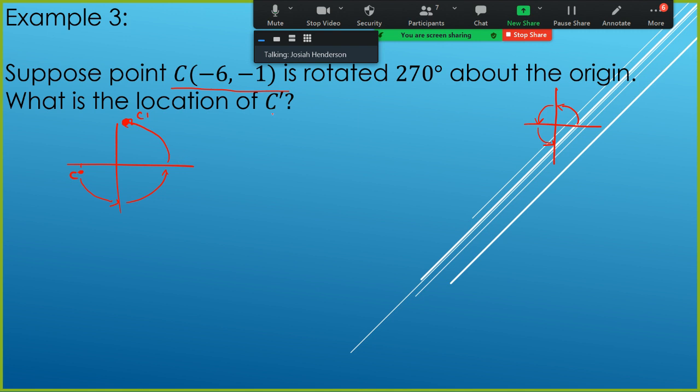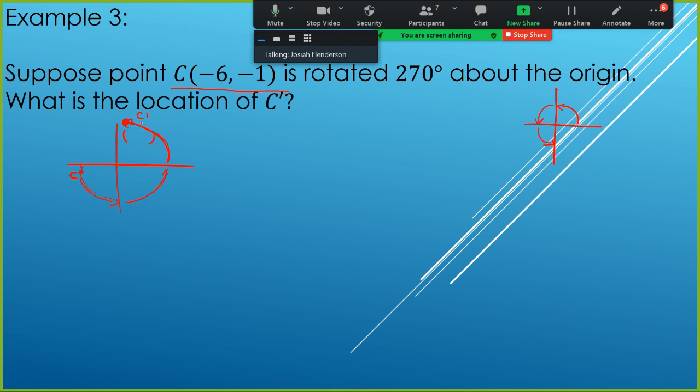If we feel comfortable with the main rotations, 90 is a quarter turn, 180 is 2 of them, and 270 is 3/4 turns, then we can get an idea of where that should fall. And then we can worry about the actual location and the rule, and double check ourselves on it.